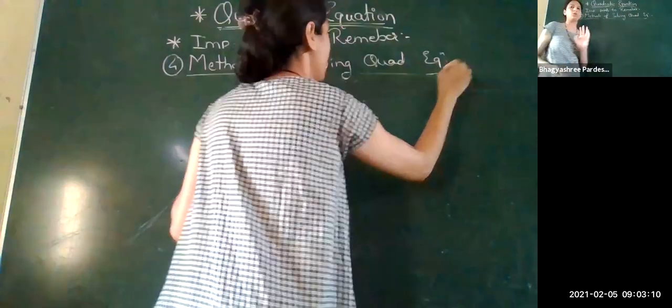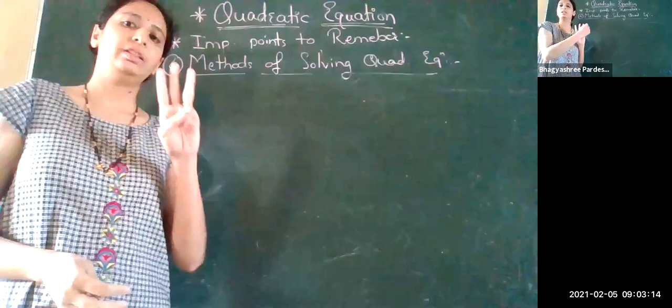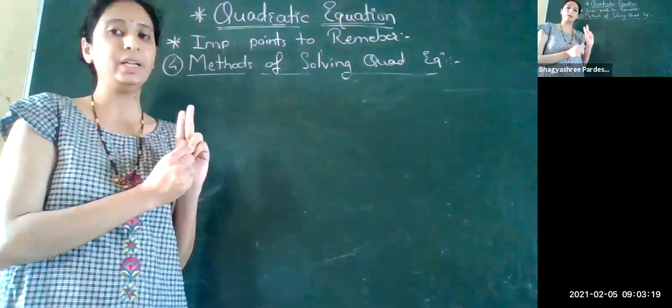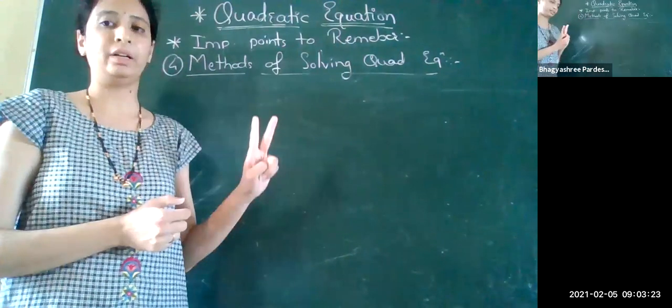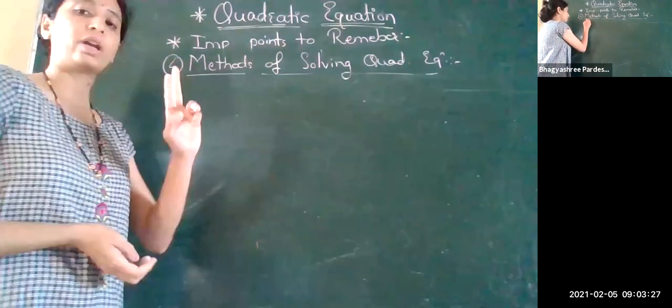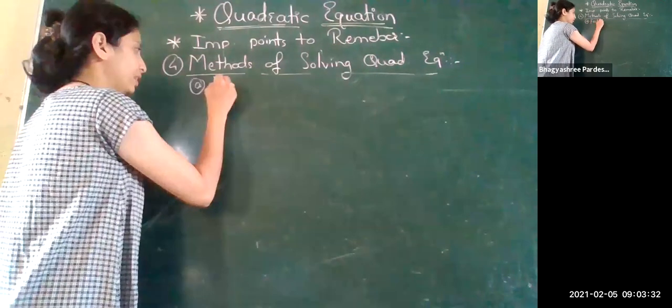Now again, you know very well that earlier there were three methods, but one method has been reduced. That is, the completing square method has been removed from your syllabus. Make this very, very clear, students. You don't have to do that. So what are the remaining two methods? The first one is the factorization method.